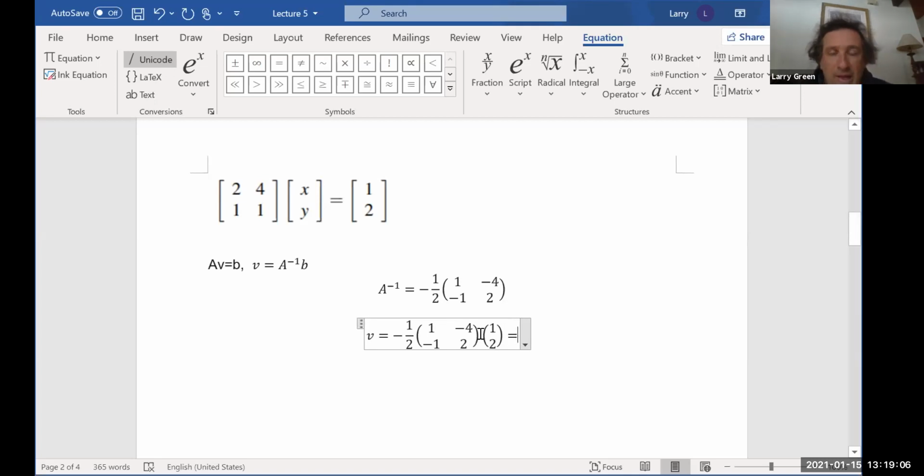Okay, well, if I multiply these, I still have the -1/2. And then I take the dot product of 1, -4 and 1, 2, and I get -7. Then I take the dot product of -1, 2 with 1, 2, and I get 3.